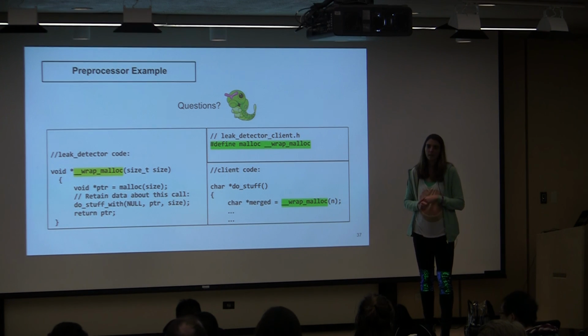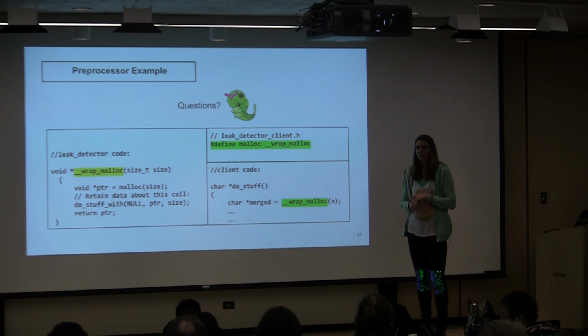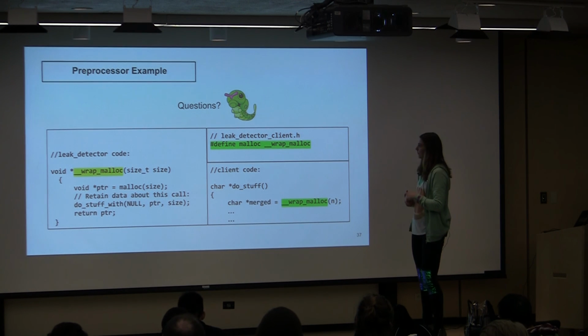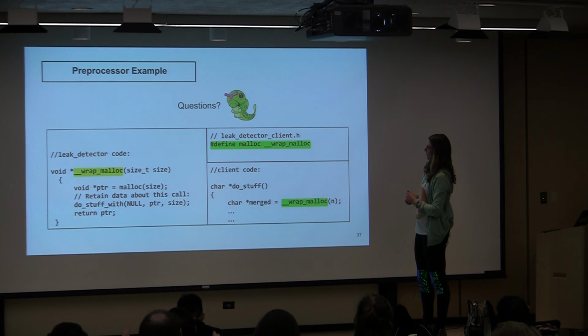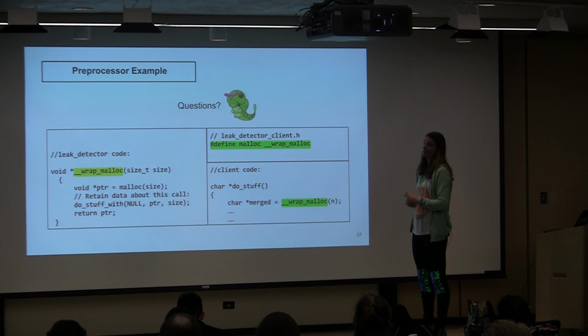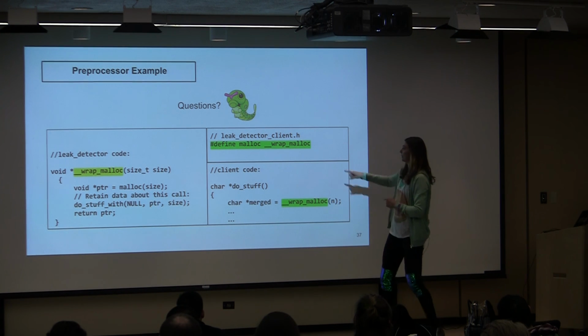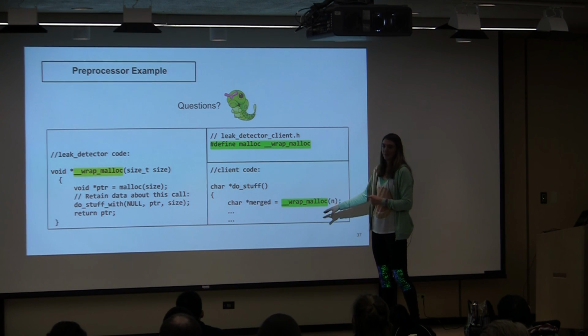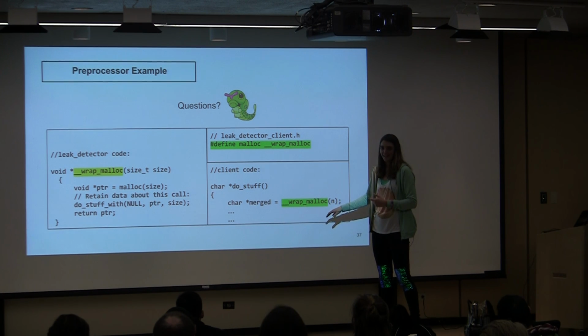Yes? This will only do it for the word malloc surrounded by spaces. Or if the client had a function called don't malloc under any circumstances written in camel case or something like that, would it change it? Yeah, it's pretty dumb. So we do define malloc, and they write a function that says don't malloc under any circumstances.